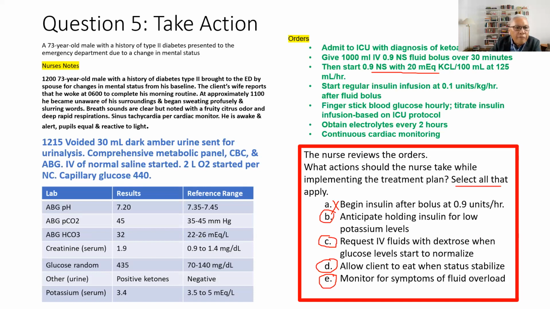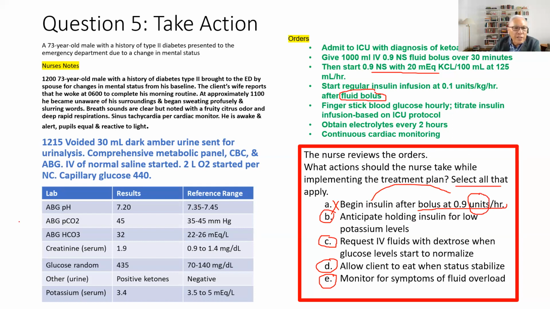I'm sorry, Francis said after the bolus. It says after the bolus. See, start regular insulin after the fluid bolus. No, this bolus over here means to say that it's the insulin bolus, 9 units per hour.